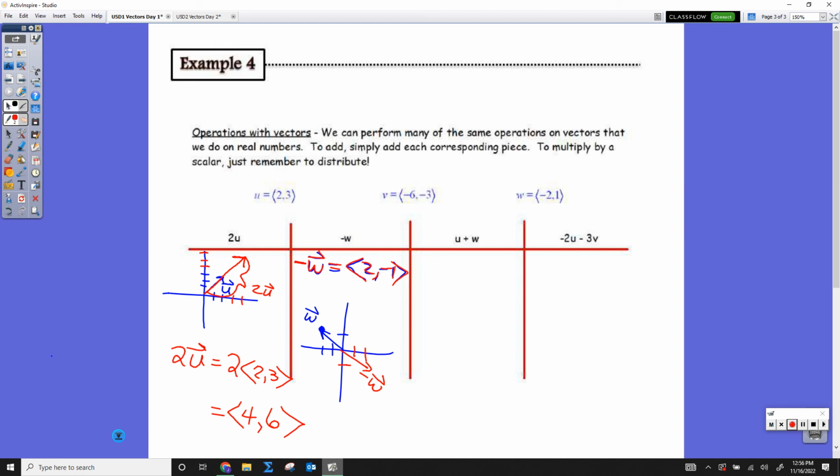Here's where it gets real now. Okay, U plus W. This is a big idea for us right now. Find U plus W real quick.